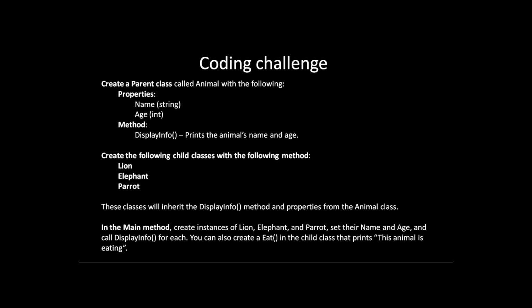These classes will inherit the displayInfo method and properties from the animal class. In the main method, create instances of lion, elephant, and parrot, set their name and age, and call displayInfo for each. You can also create an eat method in the child class that prints this animal is eating. Let me know how you get on with the coding challenge.